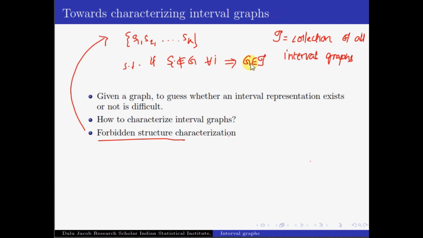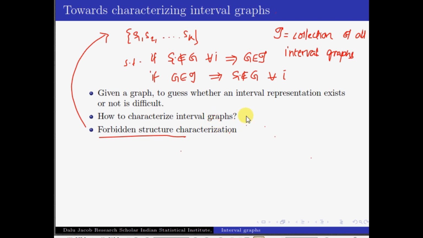Conversely, if G belongs to the class of interval graphs, then this should imply that Si cannot be in G for every i. So G cannot contain any of these structures. In fact, what we have to find here is a collection of structures that forbid a graph from being in the collection of interval graphs.